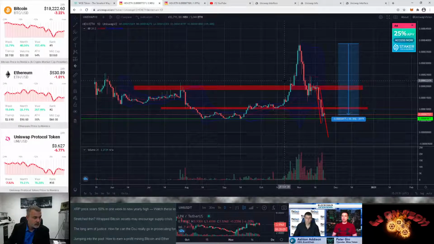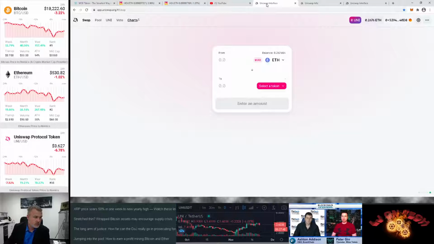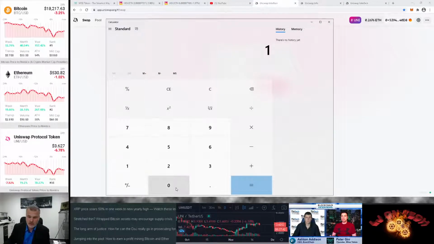They need bigger players, and no big player will participate in HEX coin knowing that one person has got 90% of the coin. Another thing is, no big player will participate in a coin which has only 5,000 Ethereum in liquidity on one side. So that means the total, like we said, is around 5 million. Because let's say I have 100,000 dollars worth of Ethereum.